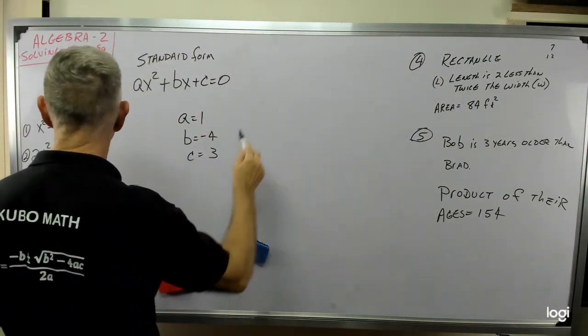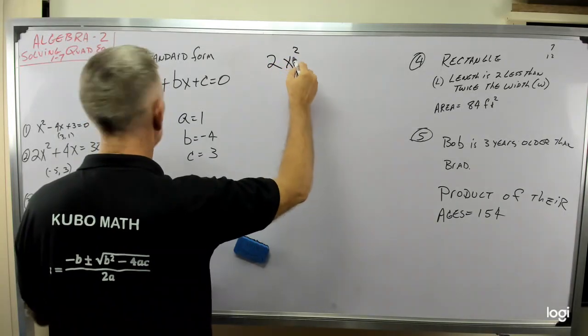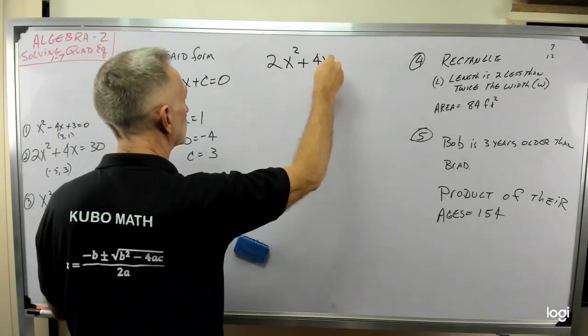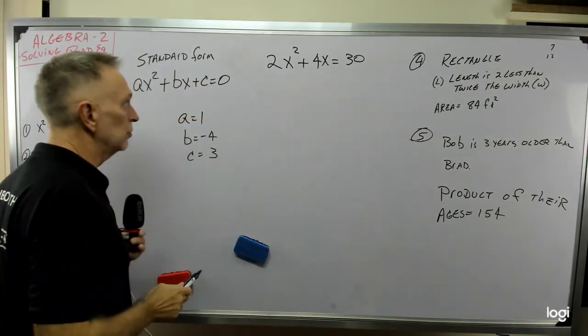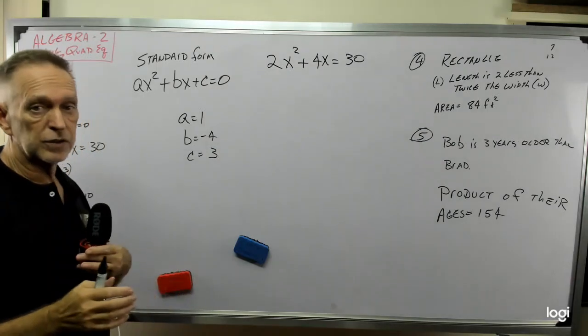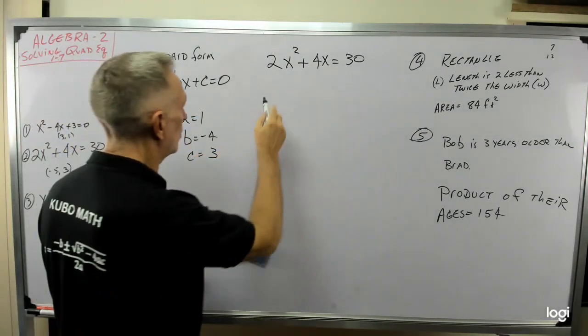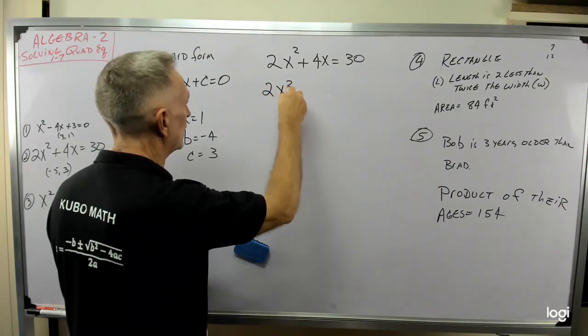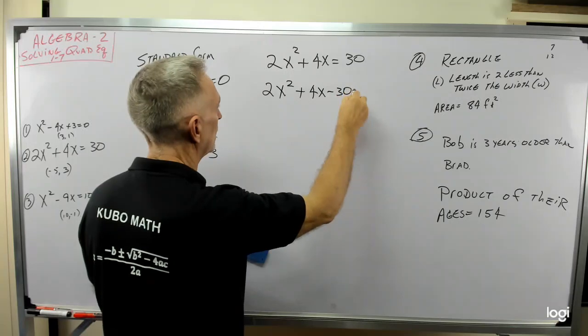All right, let's work 2x to the second power plus 4x equals 30. Now you'll notice it's not in the standard form, so I need to put it into the standard form. 2x to the second power plus 4x minus 30 equals 0.